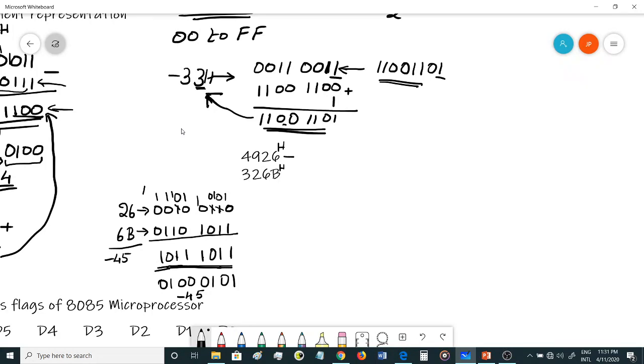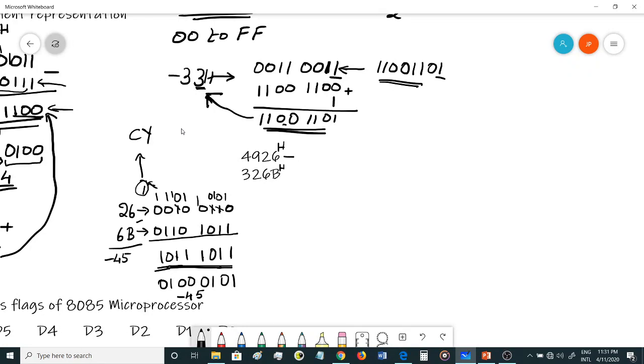Now this borrow that you have taken goes into a flag. We'll be discussing the flags in this same lecture. This goes into a flag known as the carry flag. Whenever there is a carry out, let's say if you are doing an addition, here we are doing a subtraction. If there is a carry from the last bit, from the MSB, it goes into the carry flag.